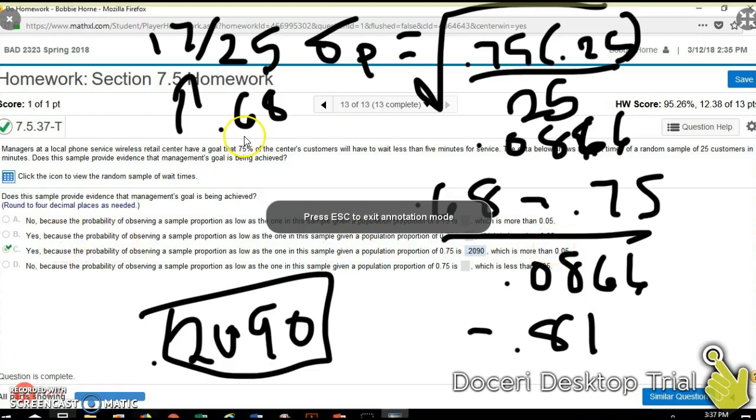So this supports the evidence that the goal is being achieved because of this number right here. If this number had been less than 0.05, then no, it wouldn't support this. Okay, it would not support the 75%. But since this number is greater than 0.05, then it does support the management's goal of 75%.